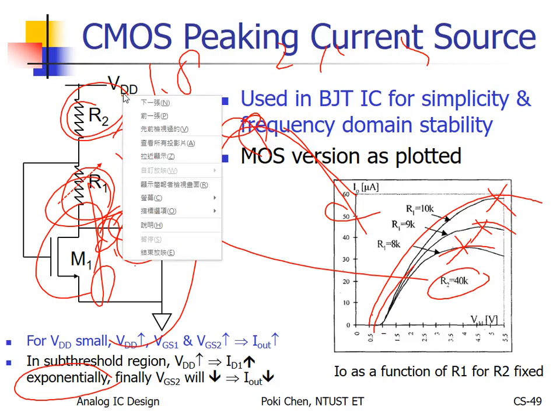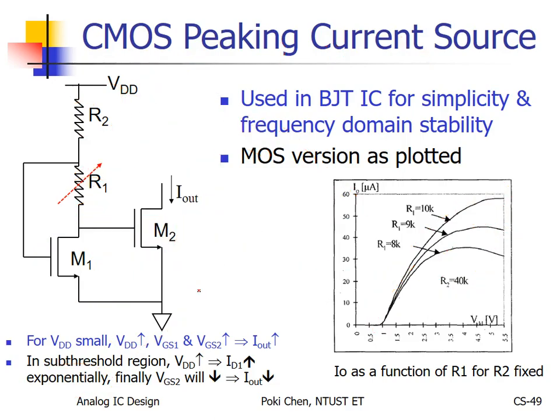As you know, what is the definition for peak or valley? The slope needs to be 0, right? 0 slope means what? Almost no variation. Even if your supply voltage is changing, no much variation for the output current because the slope is 0 for the peaks.